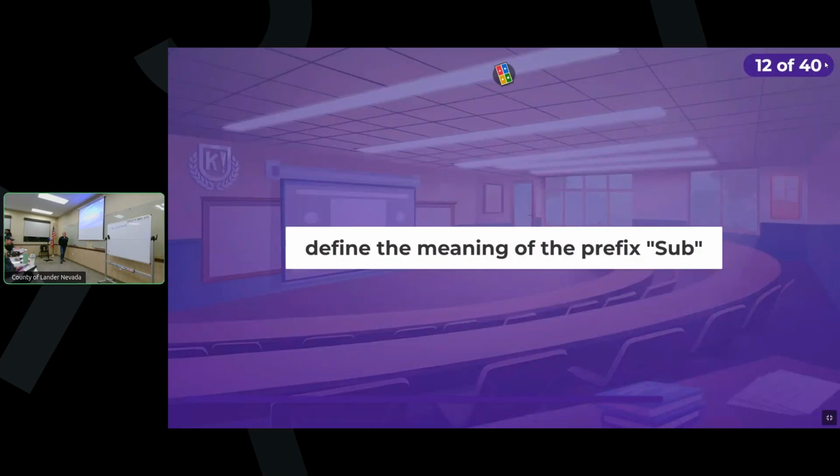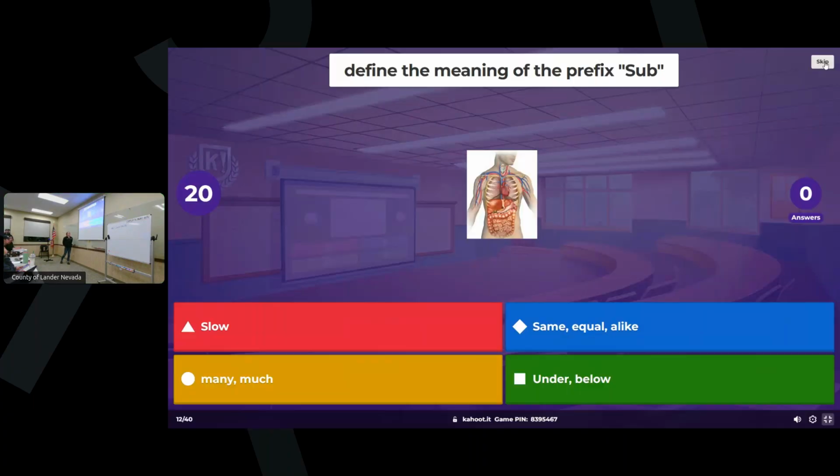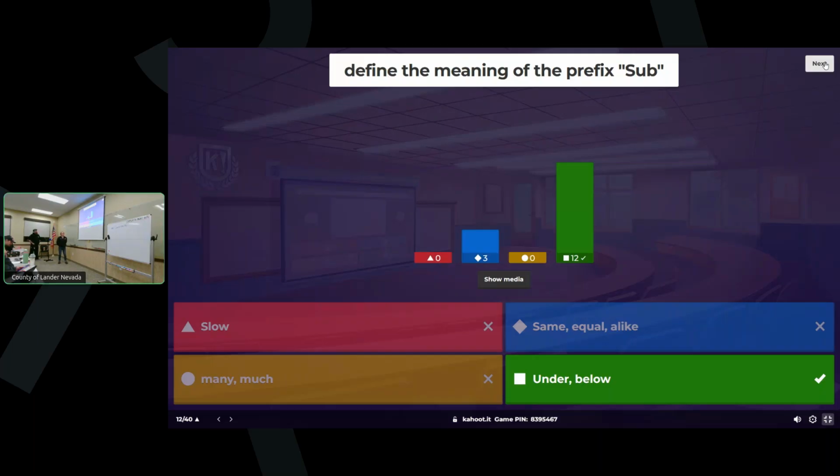Define the meaning of the prefix sub. So under, below, submarine is below the surface, right? So sub, below.